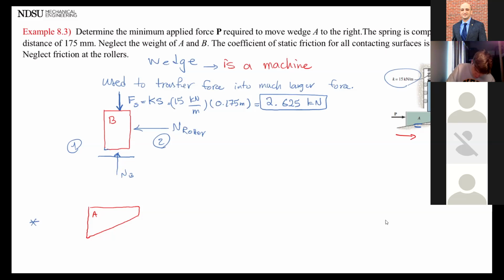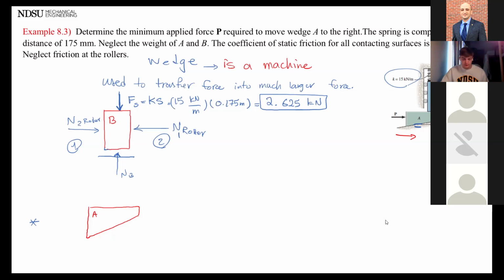This says the block is going to go to the right, so I'm assuming there's no force on the left side of it, but you can certainly put another force here. Let's just put N1 and N2 of rollers, to be 100% correct. Don't forget, we still have friction to figure out.